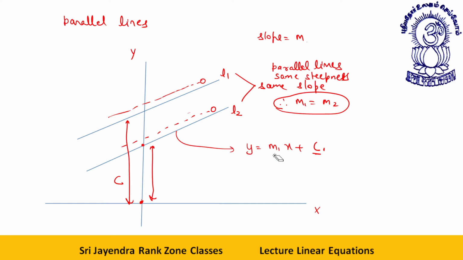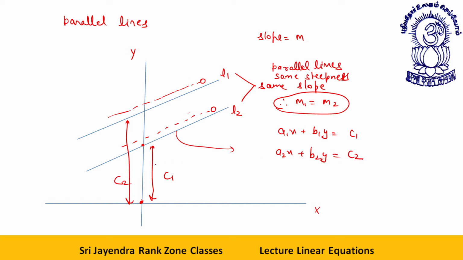Now what I mean to say is, two lines have the same slope. This is c2, this is c1. What will happen now? The equation of a line is ax plus by is equal to c. Let's say a1x plus b1y is equal to c1. Similarly, a2x plus b2y is equal to c2.